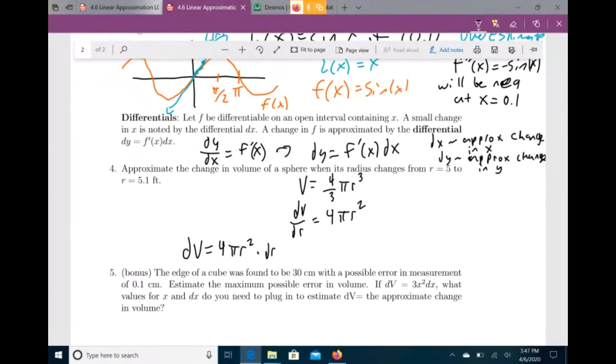Okay, so if we want to approximate the change in volume when the radius changes from 5 by 0.1, we'll use r equals 5 and dr equals 0.1. We'll plug this data into this equation to estimate dV, the change in volume. So we just have dV equals 4 pi, and we plug in 5 for r, times dr, which we take to be 0.1.